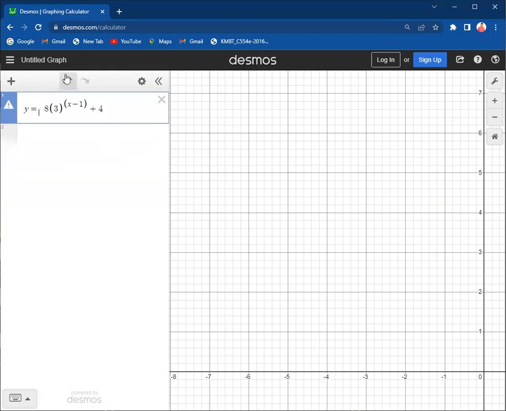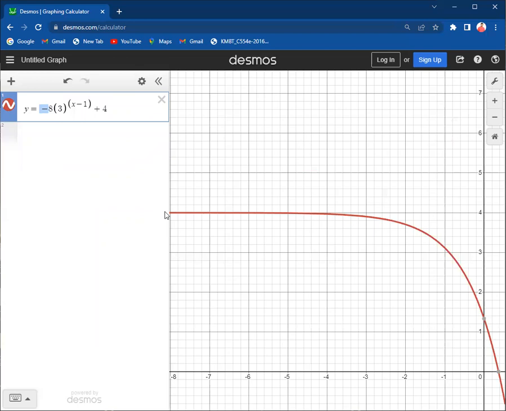You see, the sign here tells you if the graph is above or below the asymptote. If the sign in front on A is negative, the graph is going to be below the asymptote. If it's positive, the graph is going to be above the asymptote.